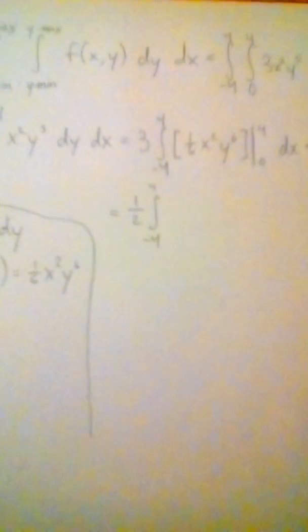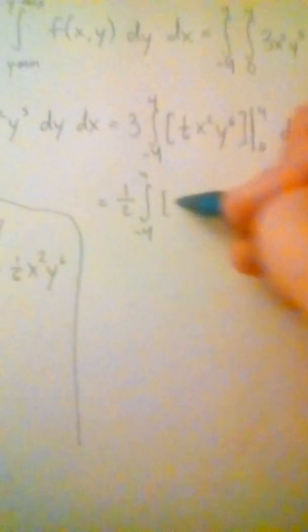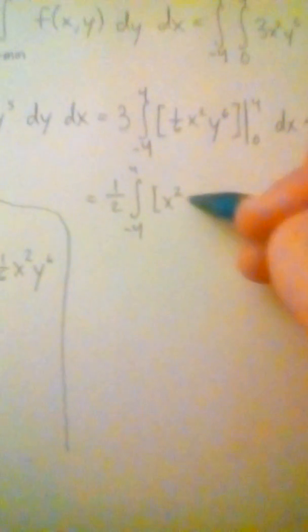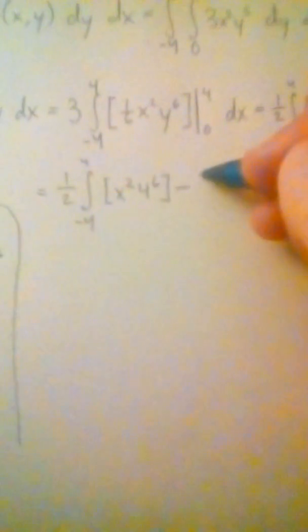And we have to plug in these values first, the top one, then the bottom one. So the first one we would get x squared times 4 to the 6th. And the next one we would get x squared 0 to the 6th, which I guess you guys can all figure out that means 0.